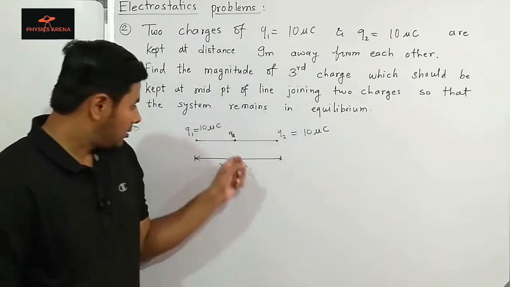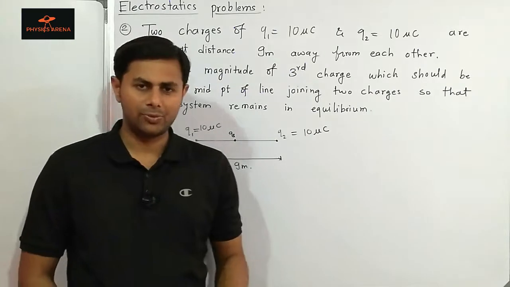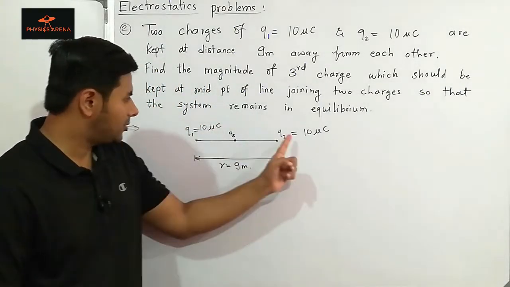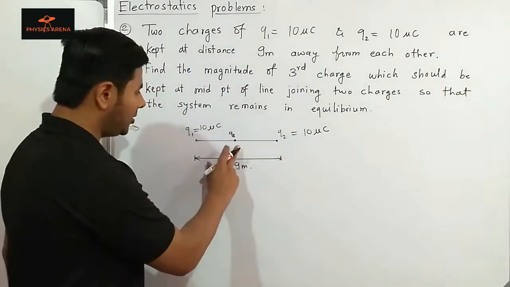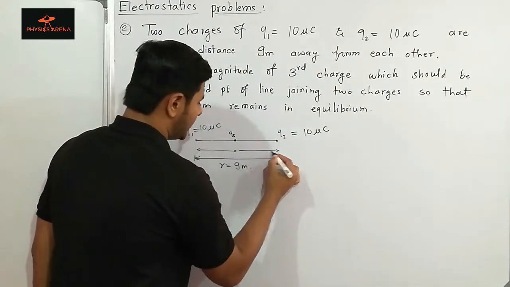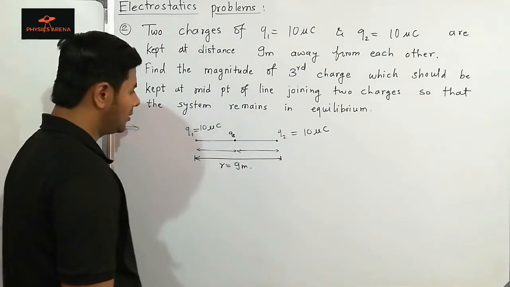Now notice that whatever charge we keep here, whether it's positive or negative, the force due to these two charges on this charge will be equal because this is the midpoint. So this distance and this distance are the same, which is r by 2.